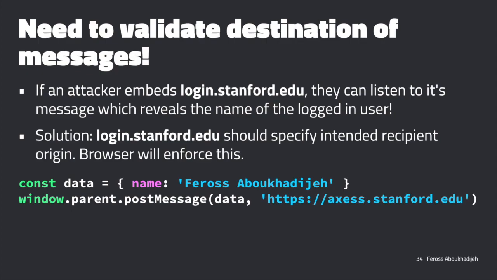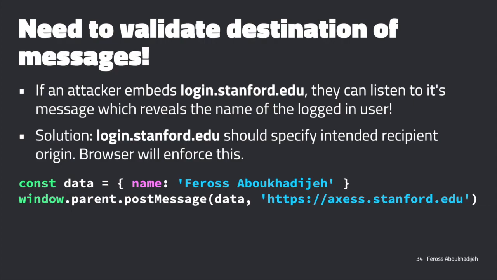Any questions about this? Can an attacker website embed some other Stanford.edu website that login.stanford.edu might trust, and then through that website embed login.stanford.edu? To repeat the question, is it possible that some untrusted site, attacker.com, embeds some Stanford site that embeds login.stanford.edu, and login.stanford.edu happens to trust that particular Stanford site?